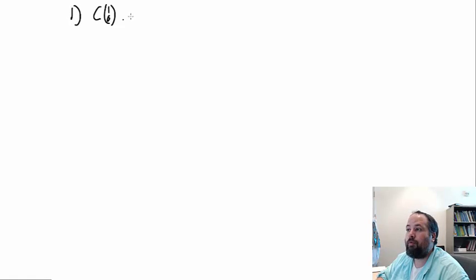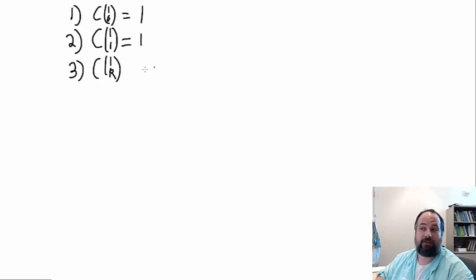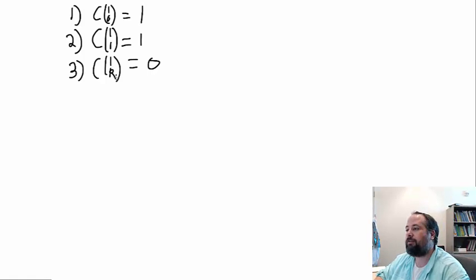So my full base case, case 1: if from a set of 1 I choose 0, my only option is the empty set, so I have 1. Case 2: from a set of 1 I choose 1 element, which again, I only have 1 possibility. Case 3: from a set of 1 element, I choose some k besides 0 or 1. Well, that's got to be 0, because if I only have 1 element, I can't choose anything but 0 or 1 from that set.